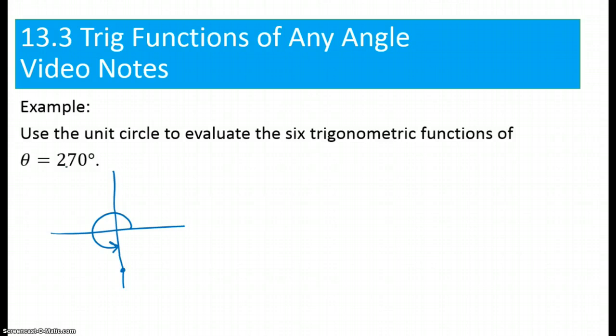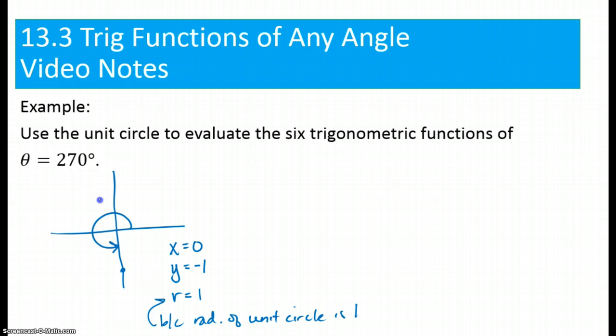So let's talk about my x value, my y value, and my r value. So x would be 0, y would be -1, and r equals 1. Again, r is 1 because the radius of the unit circle is 1. That's how I knew that.